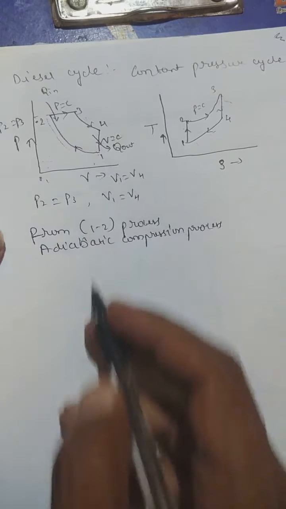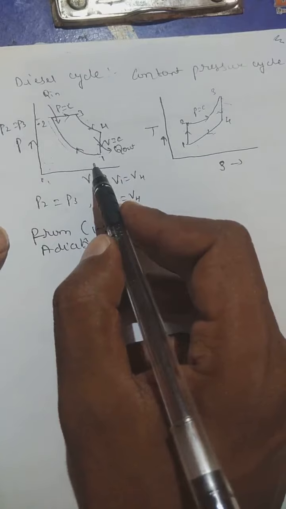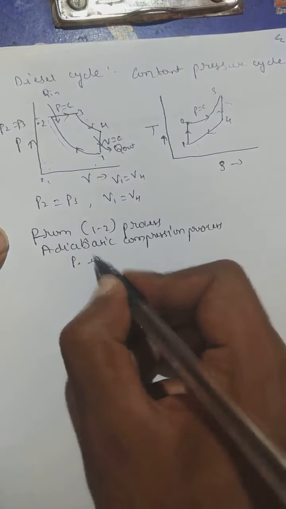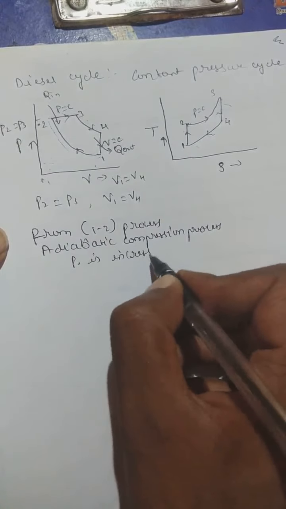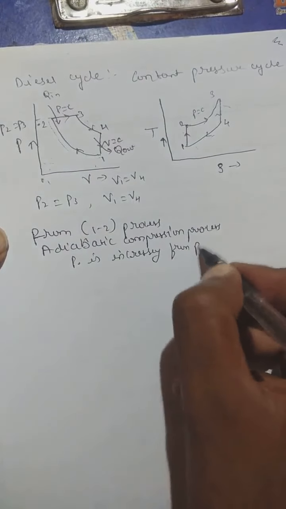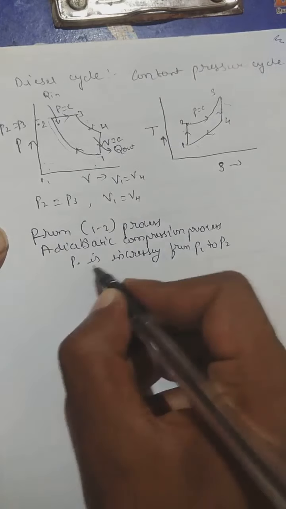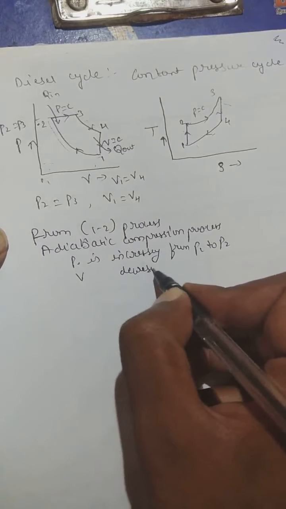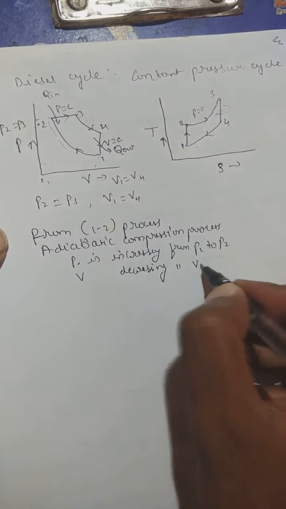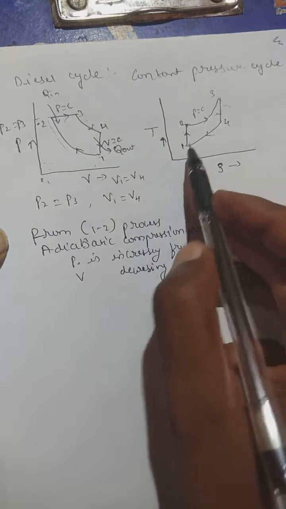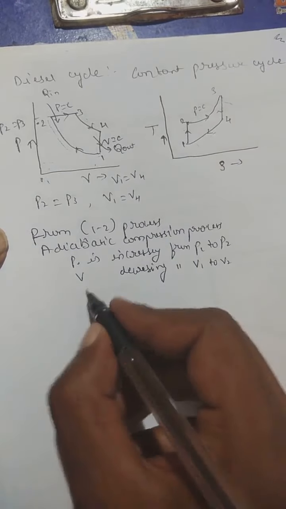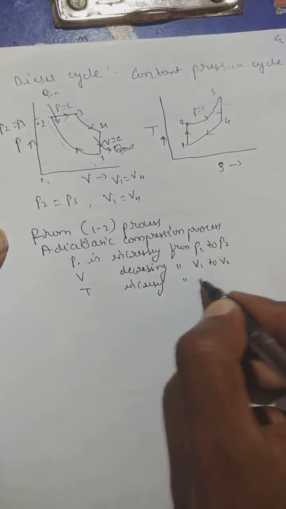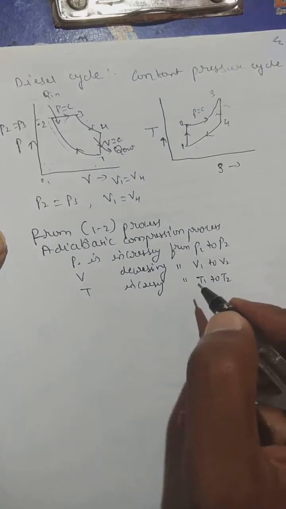If you understand one thing, if the pressure is increasing, volume will definitely decrease. So you need to write down pressure is increasing from P1 to P2. Similarly, volume is decreasing from V1 to V2. Similarly, what is happening with temperature? Temperature is increasing from T1 to T2. Okay.